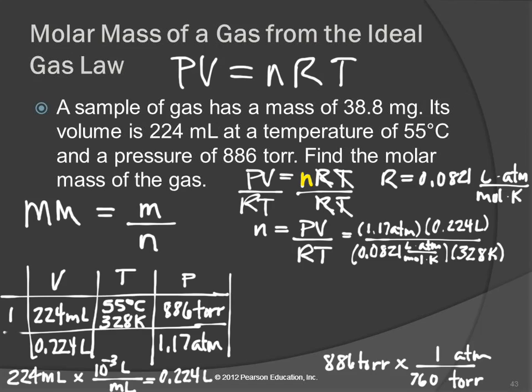So I've got 1.17 times 0.224 divided by 0.0821 divided by 328. So I come up with a number of moles that is equal to 0.00973. Or you could put that in scientific notation.